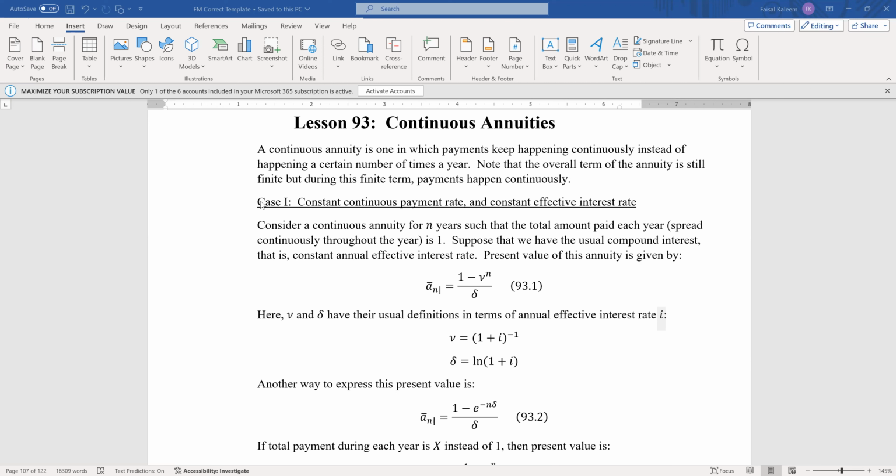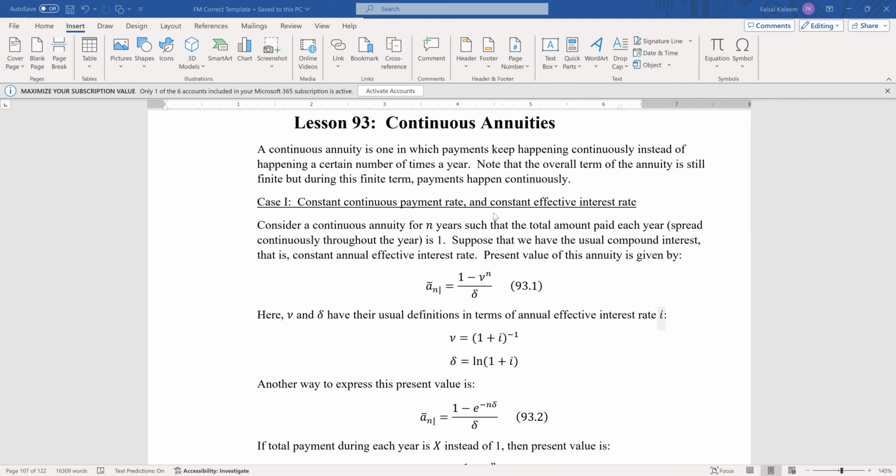So let's consider the following cases, and we need to know different formulas for these different cases. Case one: constant continuous payment rate and constant effective interest rate.